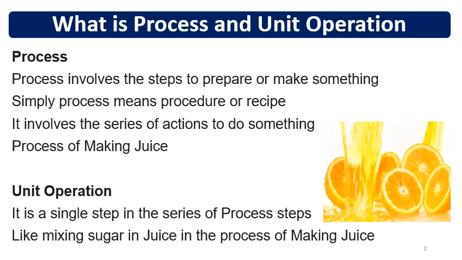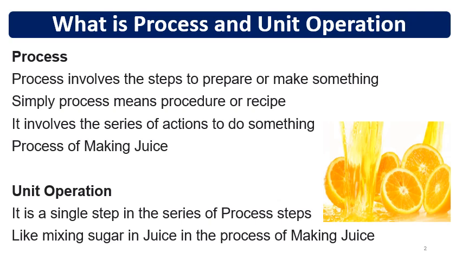Then comes the unit operation. A unit operation is a single step in a series of process steps. So a process is made up of a number of unit operations, and a unit operation is a single step, like mixing sugar in the juice.